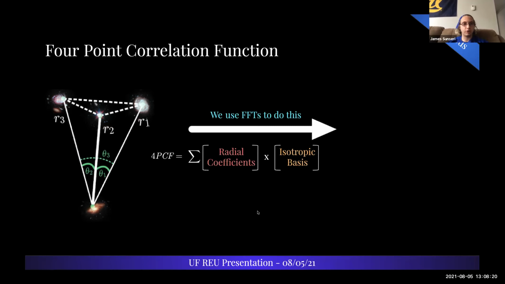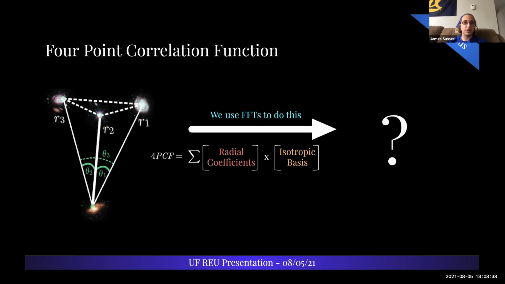Those are crucial to constructing the 4-point correlation function. The isotropic orthonormal basis functions are already known. They're easy to understand. We're not measuring those. We're measuring the radial coefficients. So that's where all the meat of the information comes from when you measure the 4-point correlation function with my code.